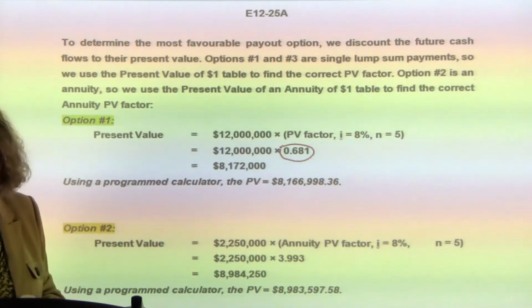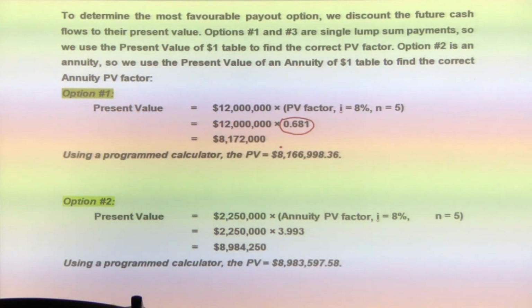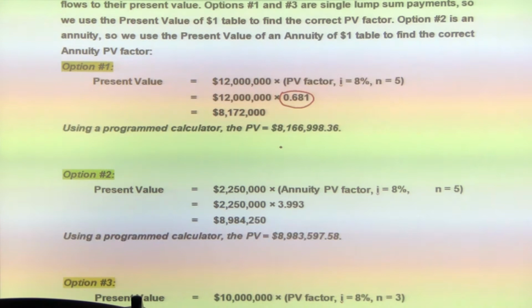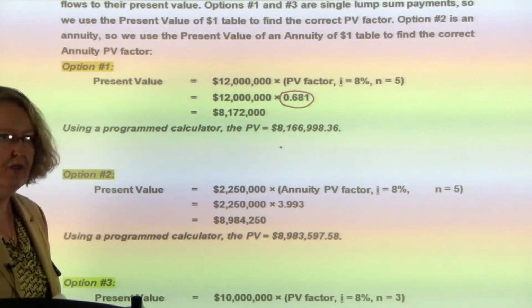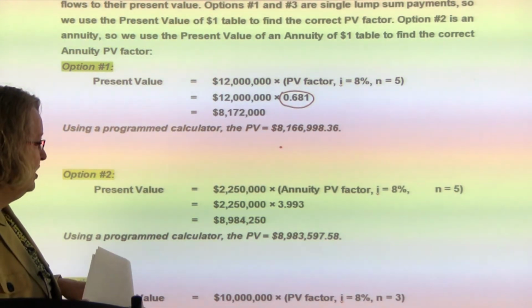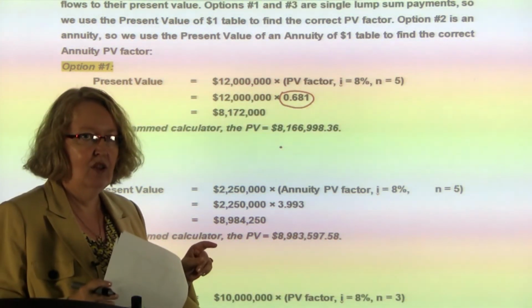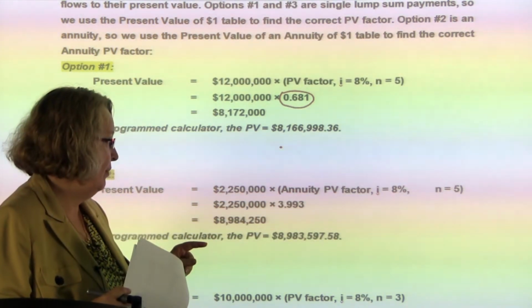The next option we're looking for is what would be the implication of taking $2,250,000 a year for the next 5 years. So here, because it's an annual payment, you have to look into your annuity tables.